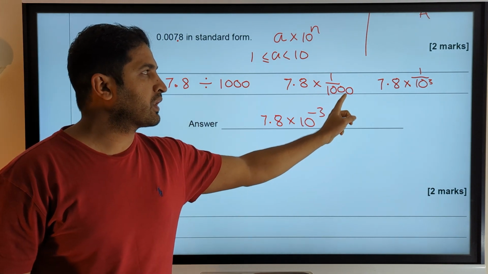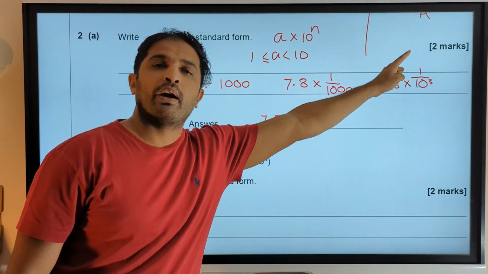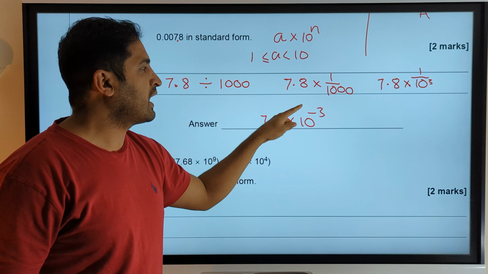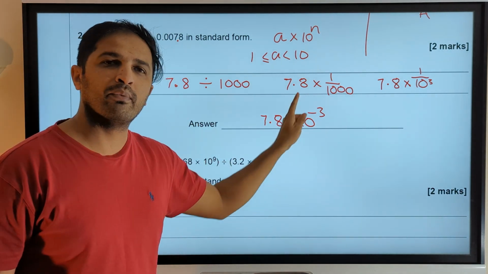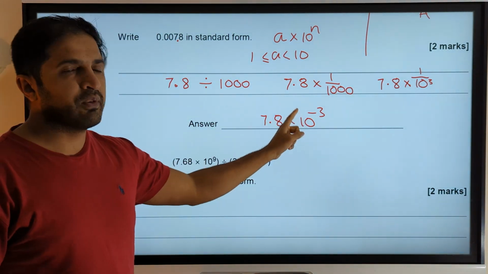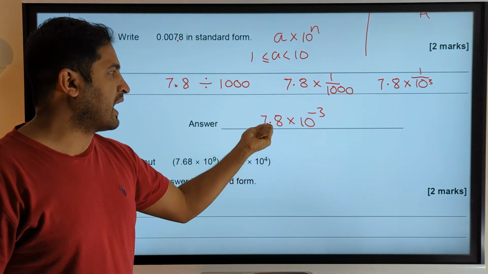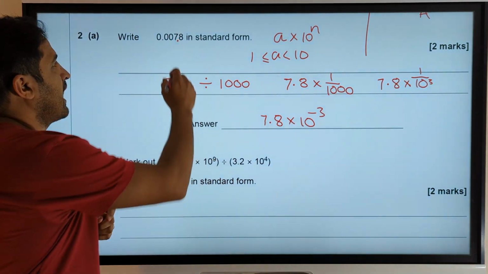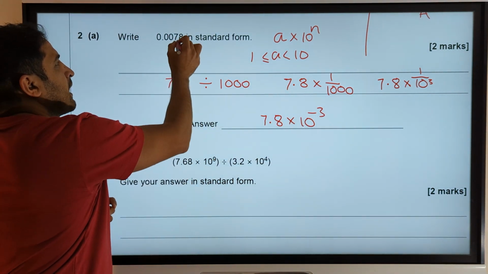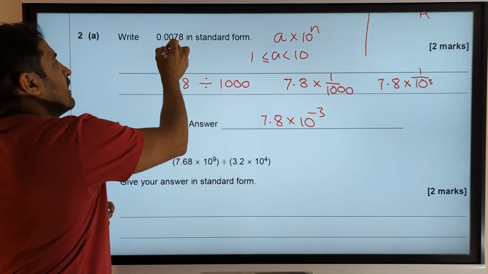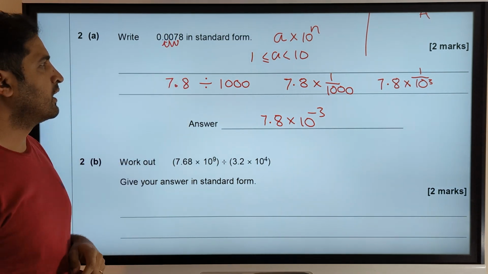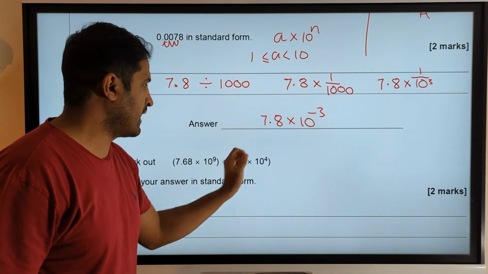Multiplying by 1 over 1000 means multiplying by 1 over 10 cubed, and 1 over 10 cubed is the same as 10 to the power minus 3. So when you have a negative power, it means you're dividing that number by 10 three times to get back to your original number. So that's your answer.